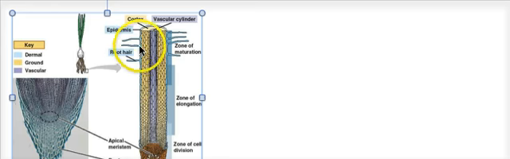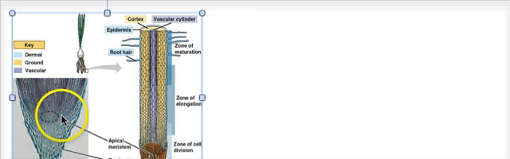Alright, so you have root hairs, of course. The zone of maturation is here. The zone of elongation is here. And the zone of cell division is in here. And then you have your meristem, the cortex, and then in the middle, the vascular cylinder. So this is a drawing of it.